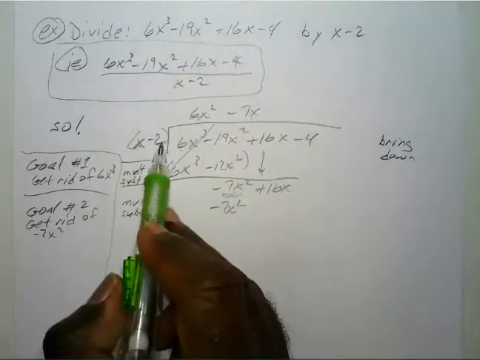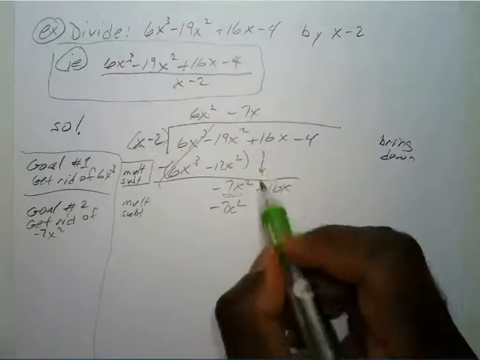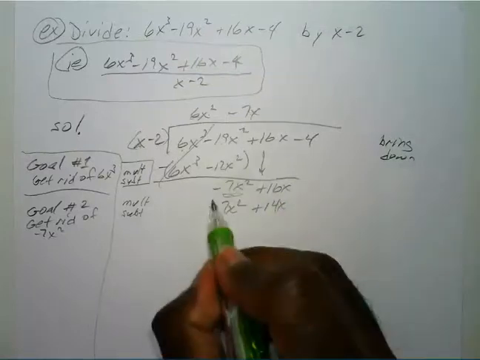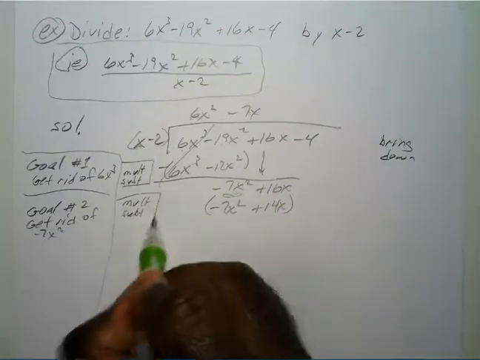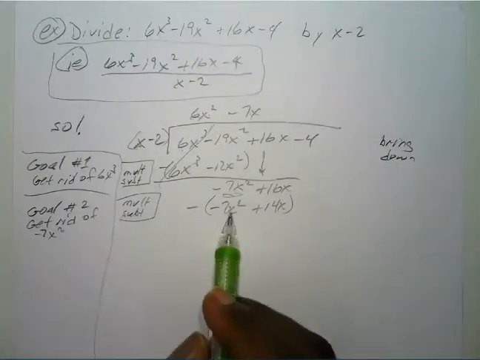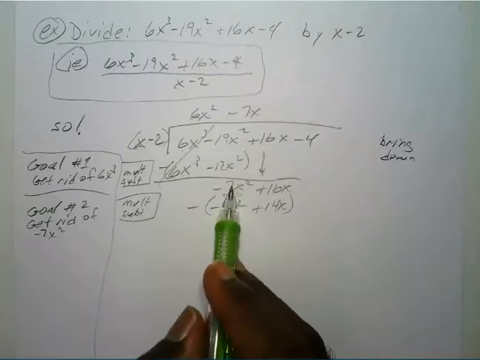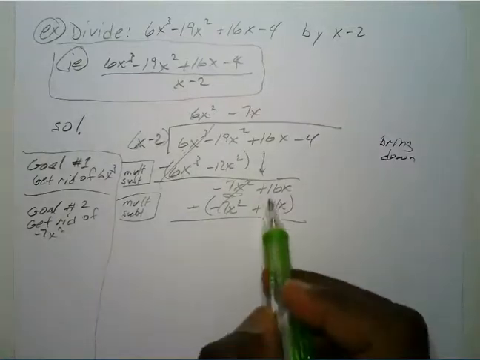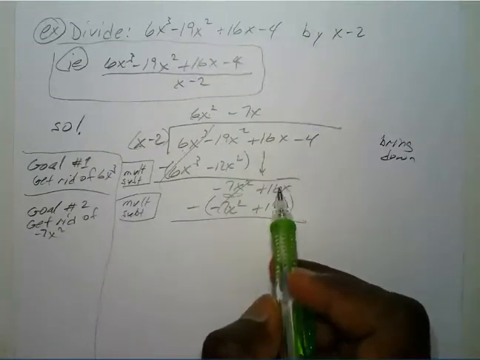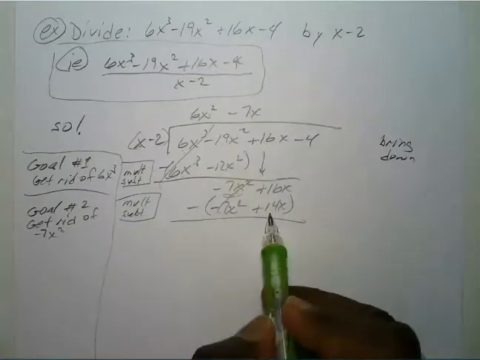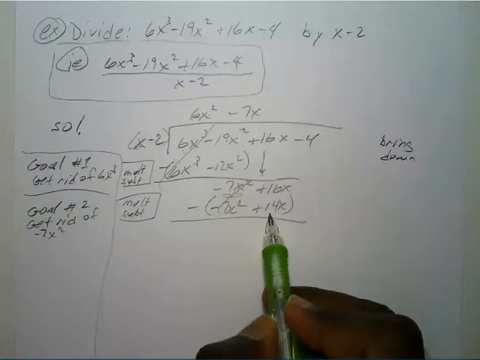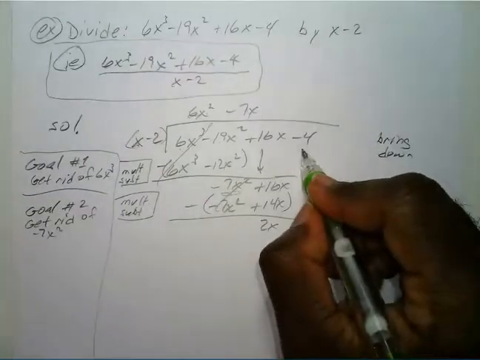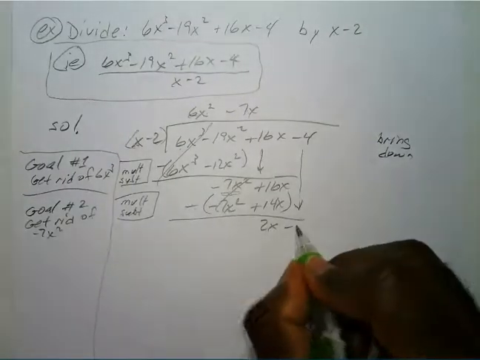Negative 7x times negative 2 is positive 14x. Okay, and we subtract. Okay, so once we distribute that negative, this becomes positive. Negative 7x squared plus 7x squared is 0, so that disappears. 16x minus, because remember that negative gets distributed, minus 14x is 2x. Okay, so once again, we bring down minus 4.